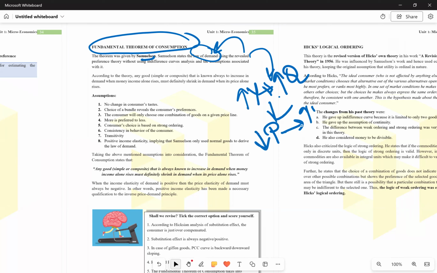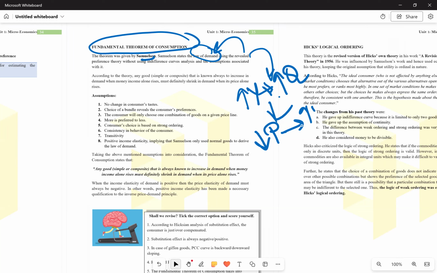So our Samuelson was very rigid on the aspect that all goods will show a negative relationship between price and quantity demanded.